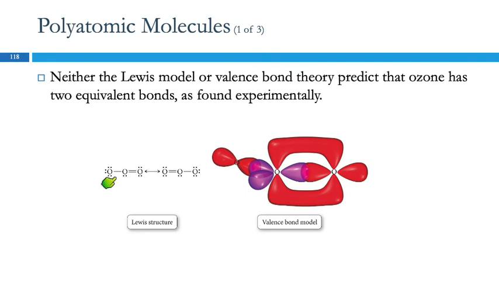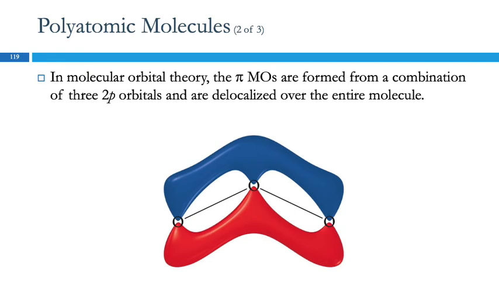But here in the Lewis model, we have a double and a single. They're obviously different. Here's the valence bond model. And also, we've got a double bond on one and a single bond on the other. They're different. So neither of these models helps us to understand the structure of ozone.